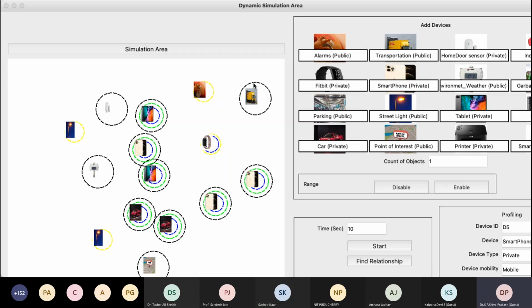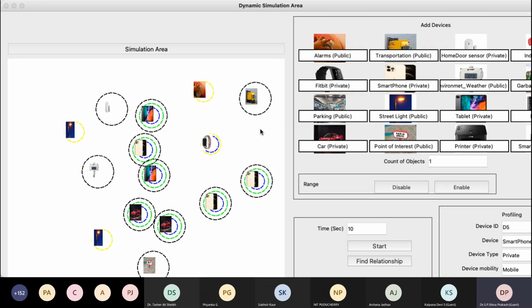Suppose you feel that you don't want this distance to be 120, you can modify it. You can make it 130, or 110, and you can update these conditions also. This simulator will provide all the flexibility to make certain changes and conduct experiments.